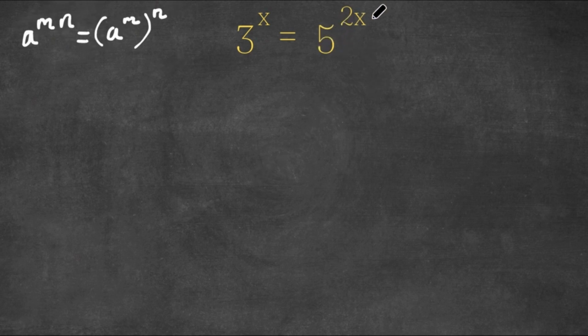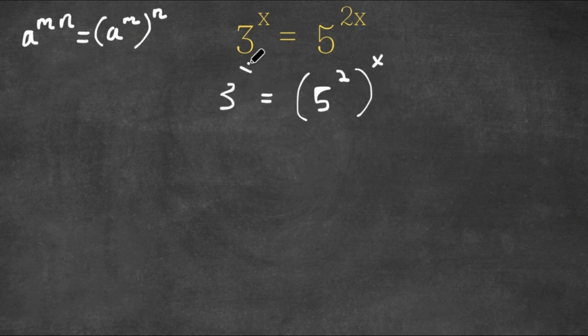So right here we have 5 to the power of 2x. And using this property, this can be written as 5 to the power of 2 to the power of x. And now this is still equal to 3 to the power of x.